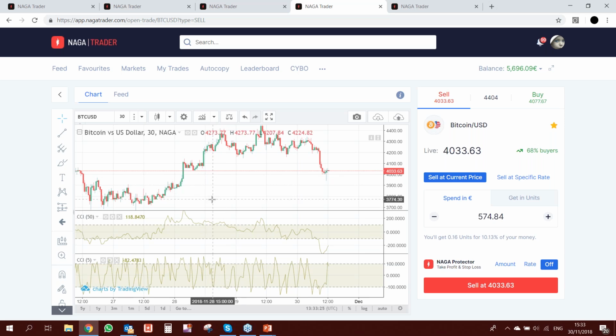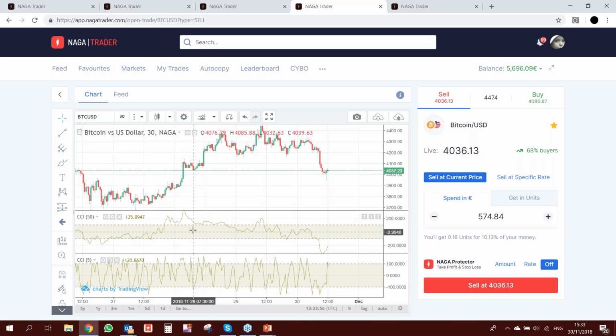It's by combining two indicators in order to establish the trend on the bigger indicator, and then we have a smaller one. For example, in this instance, we have the CCI 50 and the CCI 5 period. Now, this one, as you can see, is a more choppy one, but the bigger one provides a bigger picture.